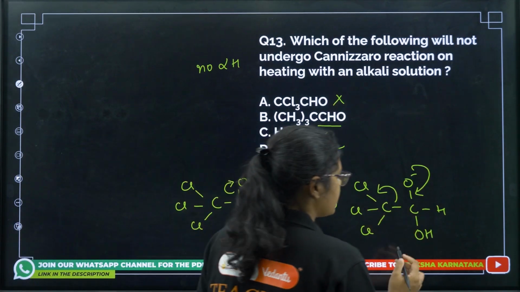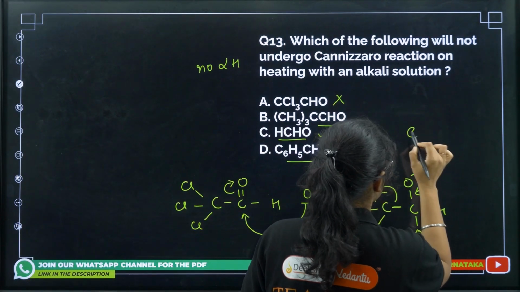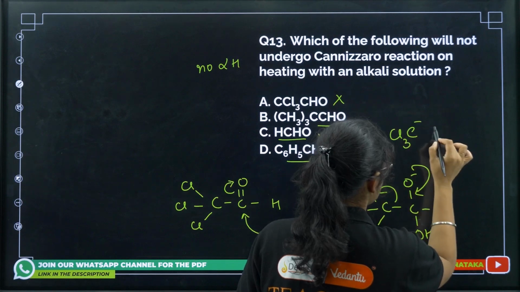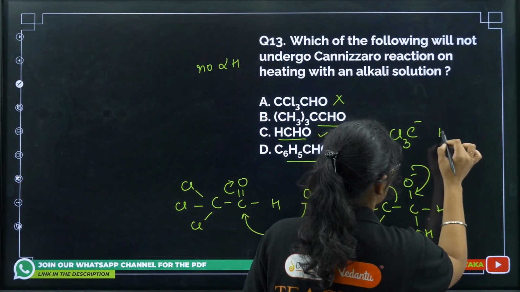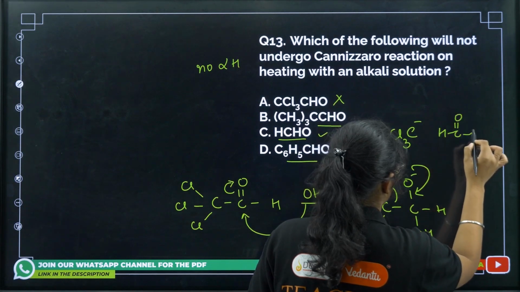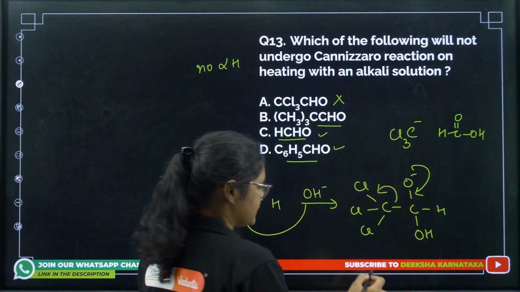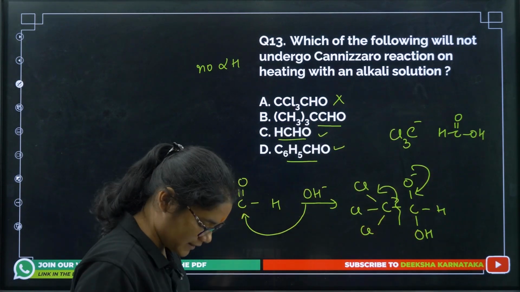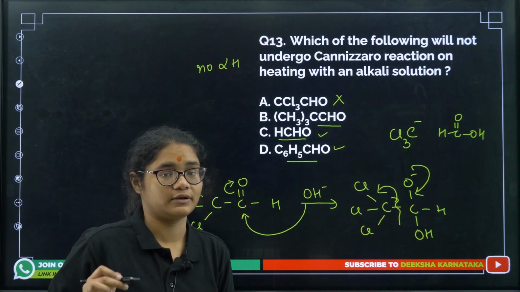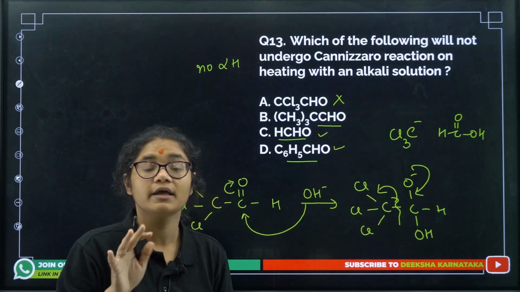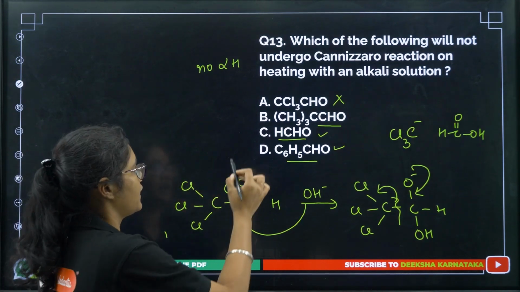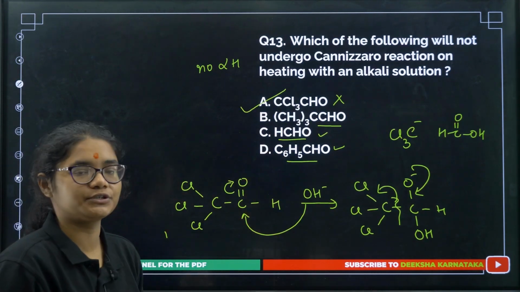So we get CCl3 minus and HC double bond O, OH. There is a cleavage of this bond, so that is why there is no Cannizzaro reaction in this particular compound, even though it does not have any alpha hydrogen. So the correct answer is option number A.